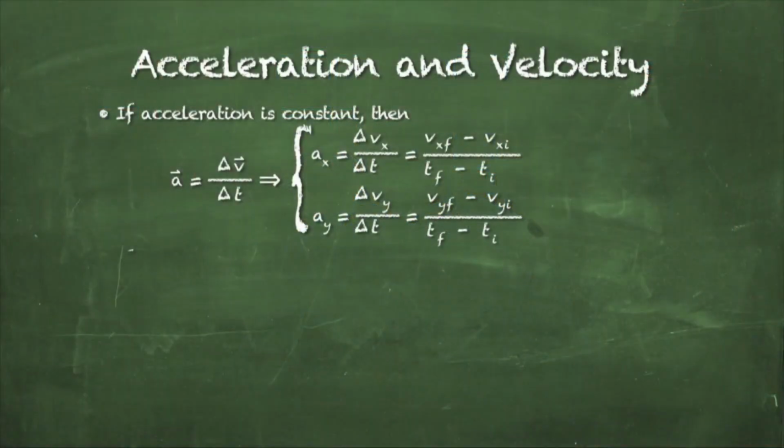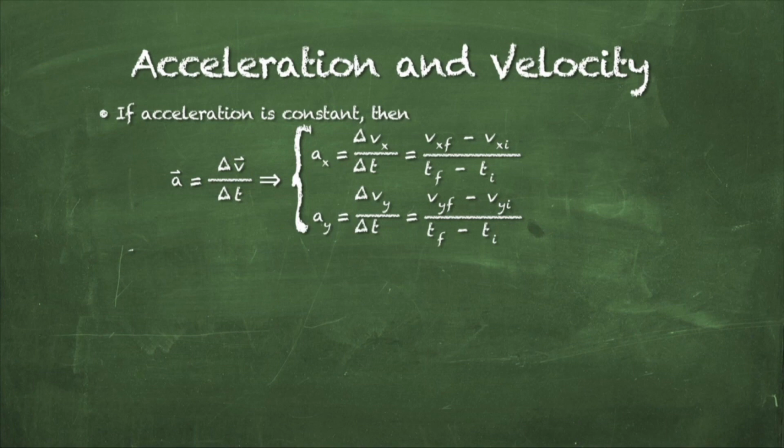And the equation is that if acceleration is constant, so for an acceleration that doesn't change in time, then we can write out the equation that the acceleration vector is equal to the change in the velocity vector divided by the change in time. Now the idea of change is symbolized in this equation by a Greek letter delta.